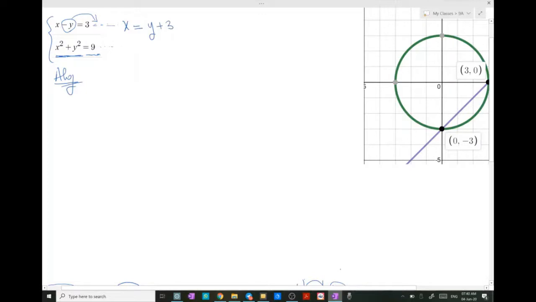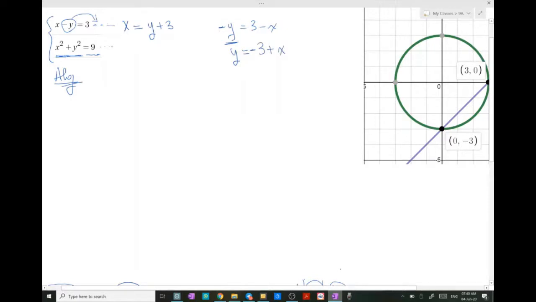Why didn't I choose the x? You can, but if you choose the x, you're going to have minus y equals 3 minus x. And we need to replace y, not minus y. So you have to do another step and multiply all of the equation by minus 1 to get this one.